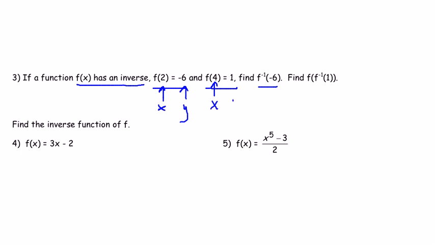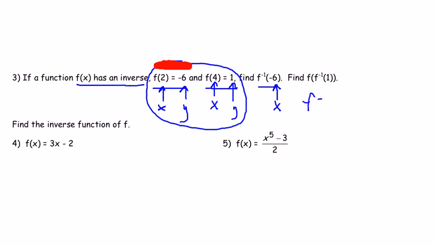In the inverse, this is the x value of the inverse, but if we go back and look at the original function, it's going to be the y value. You can see that when the y was -6, the x was 2. So we use that information and we say f inverse of -6 equals 2.